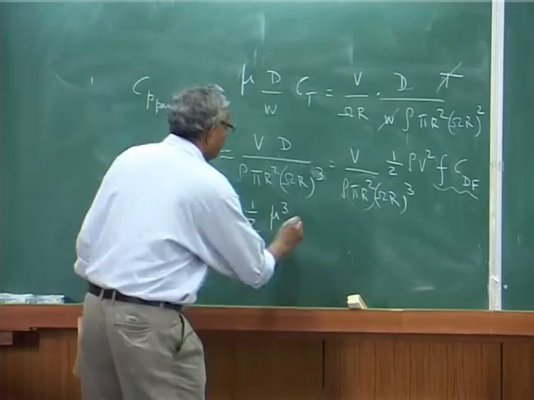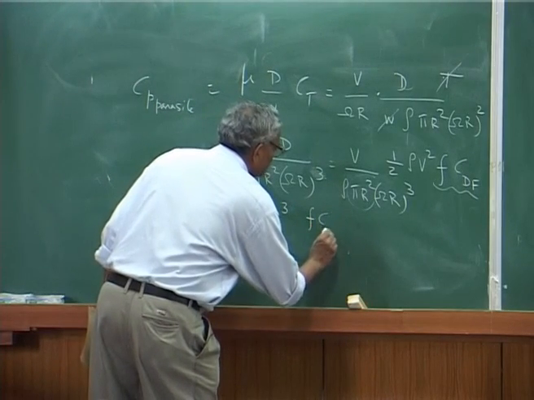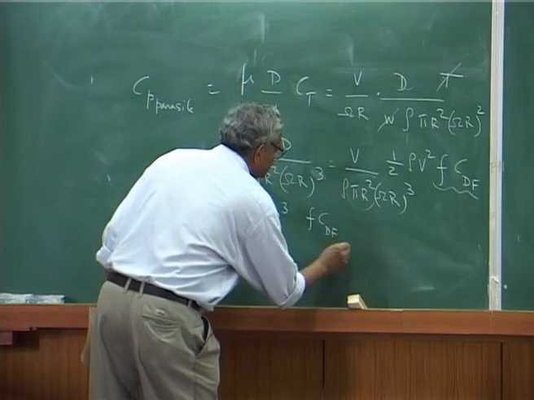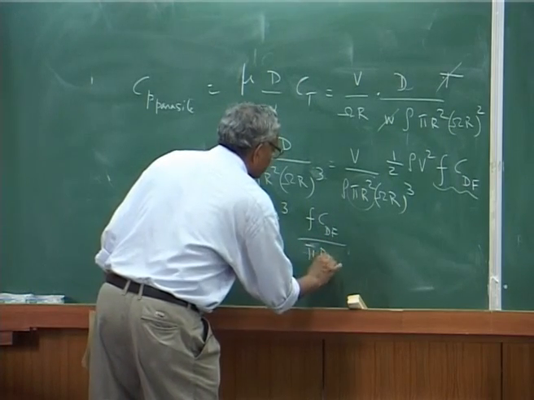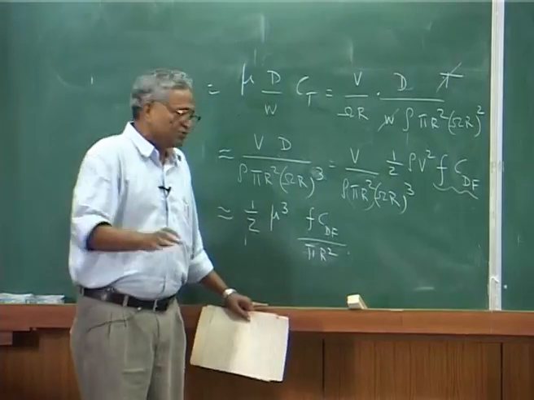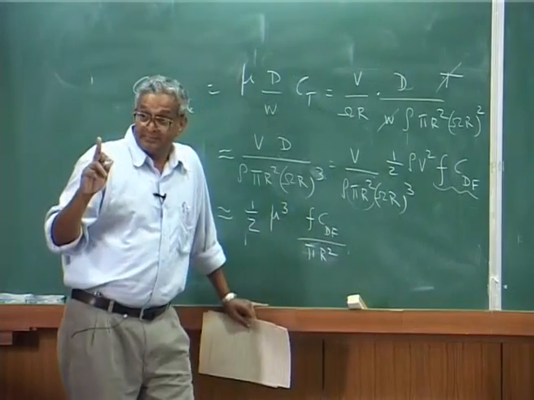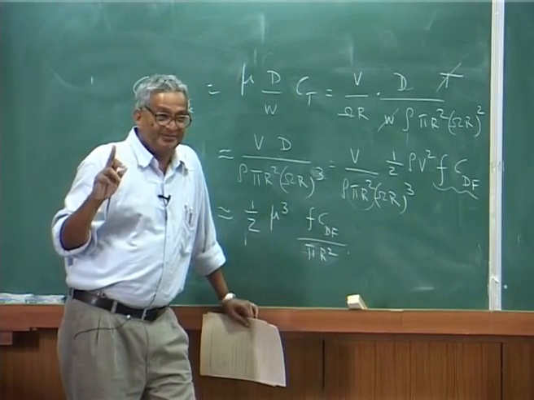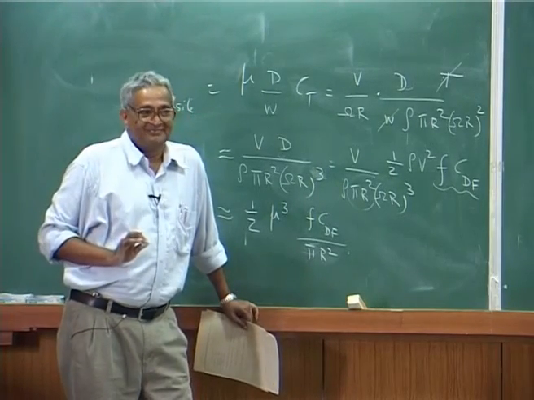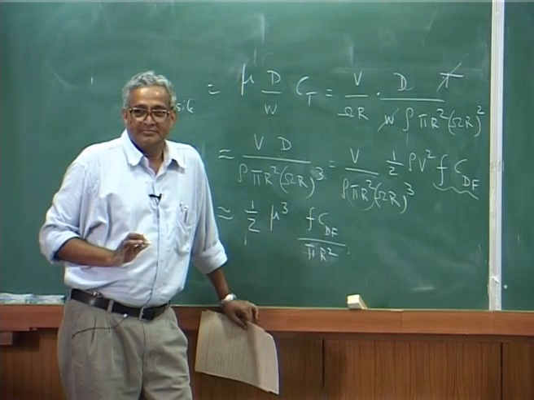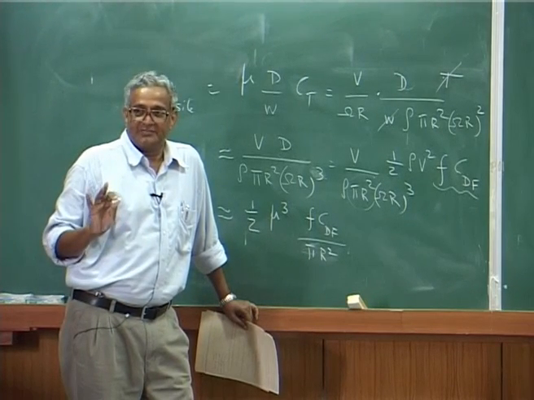Okay. But how they usually represent this is, assume that CDf is 1, okay, and find out the equivalent frontal area. You follow what I am saying?